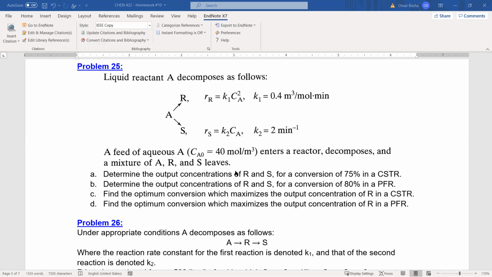A feed of aqueous A enters the reactor, decomposes, and a mixture of A, R, and S leaves. Determine the output concentrations of R and S for a conversion of 75% in a CSTR, and determine the output concentrations of R and S for a conversion of 80% in a PFR.